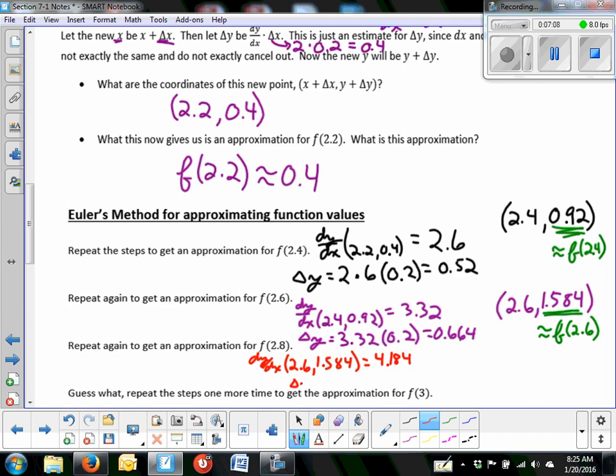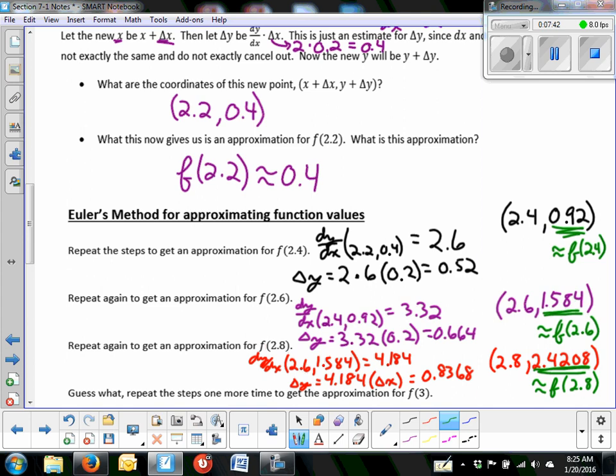I need the delta y, which is this dy dx times delta x of 0.2, which is going to be 0.8368. So my new x is 2.8. My new y is the 1.584 plus my delta y, which is 2.4208. And this is approximately f of 2.8.